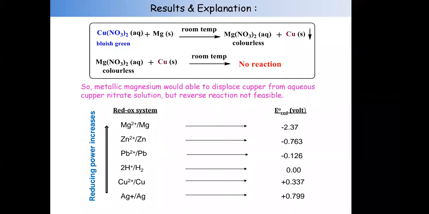So copper is a weaker reducing agent and not able to displace magnesium 2 plus from its aqueous ionic solution. And thus no displacement reaction was observed.